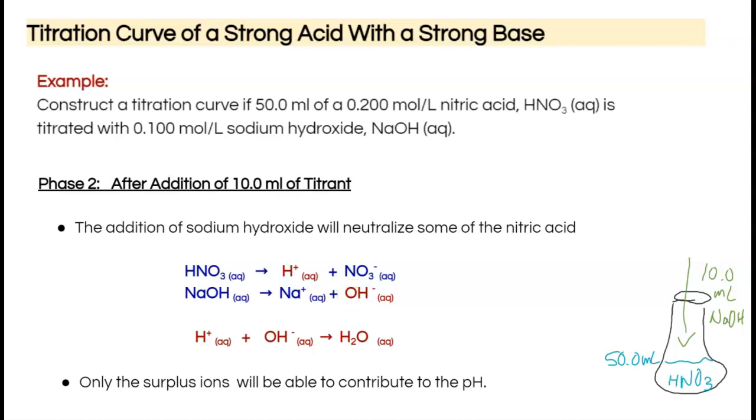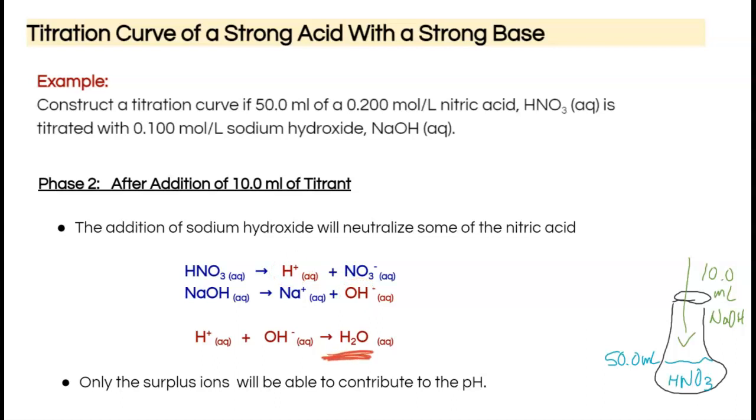But not all of them, just a few, because I've only added 10 milliliters of my base so far. So presumably it's going to be able to neutralize some, but not all of my acid, right? And those hydrogen and hydroxide ions are going to combine to form water.